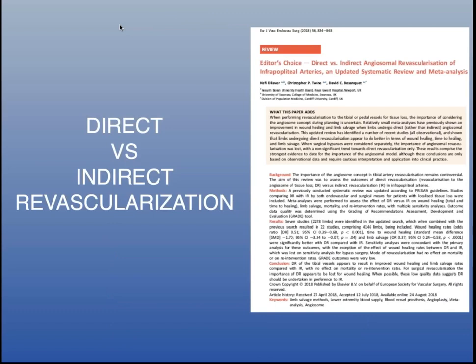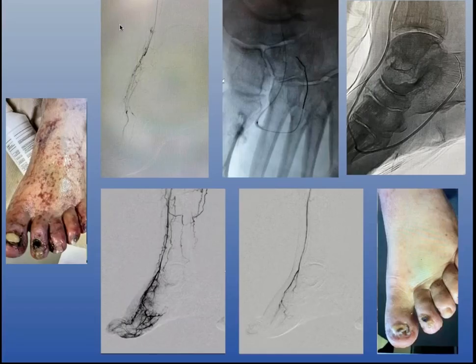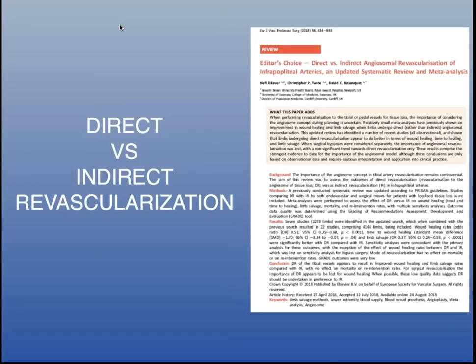What about direct and indirect revascularization? Everybody's talking about angiosomes, and for those of you that are starting out, you need to understand the concept. So direct revascularization, and I'm going to show you an example of that. Maybe I'll come back to this paper. When you think of direct revascularization, you are opening up a blood vessel that directly supplies the abnormality in the leg or the foot.